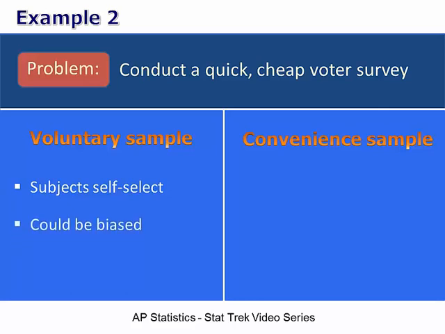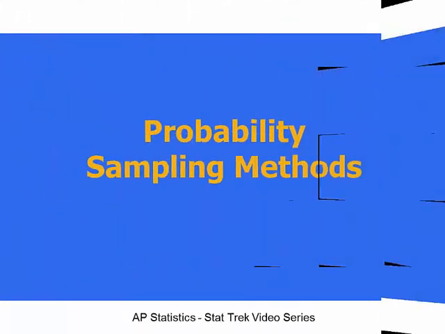Or to make things easy on themselves, the news show could just interview people who walk by their office. This would be an example of a convenience sample. The risk is that people walking by the office might not be representative of the population, so the results could be biased.